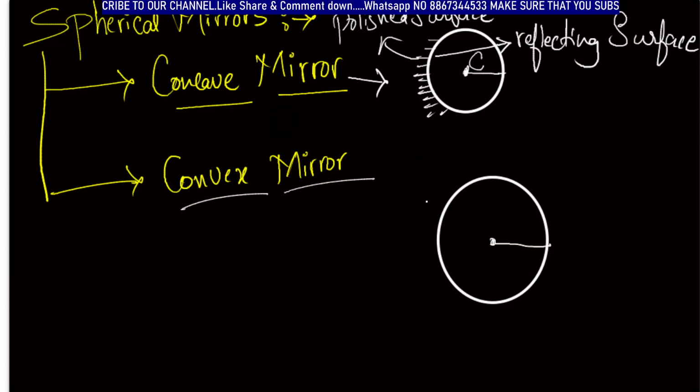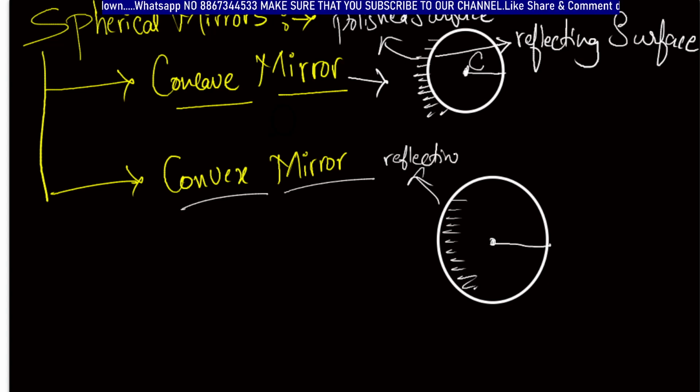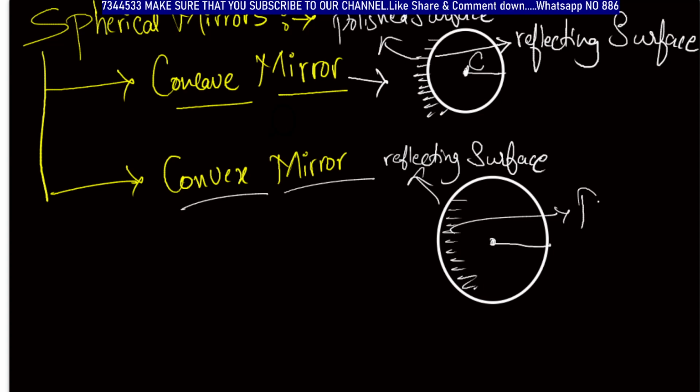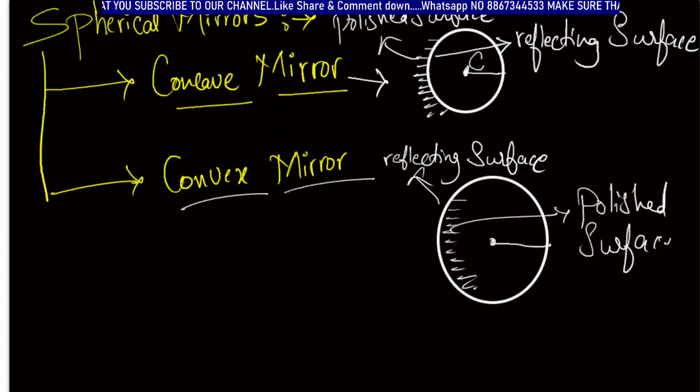The reflecting surface is always away. This is the reflecting surface, and this is the polished surface. So this is the center. Okay, so this is the convex mirror.